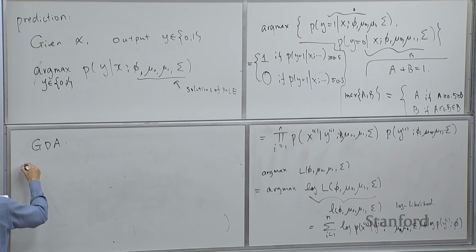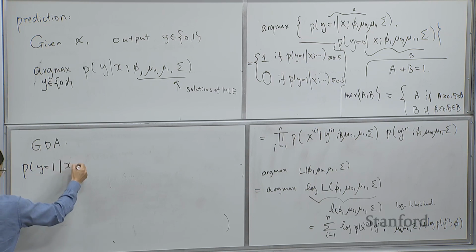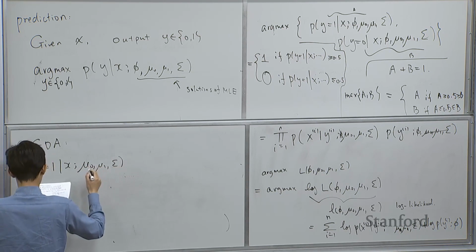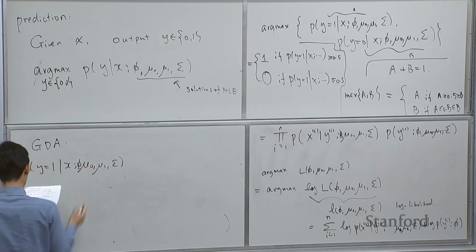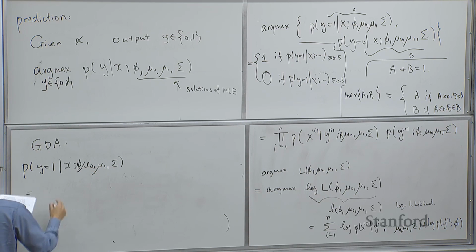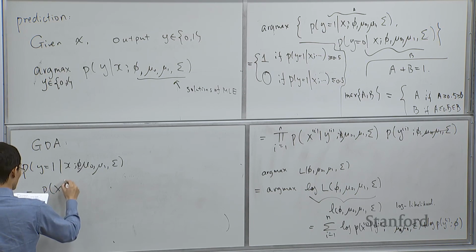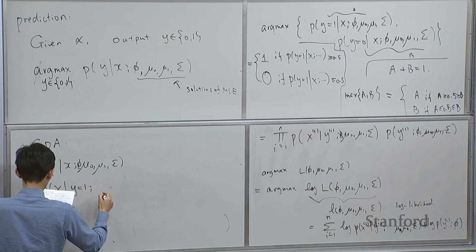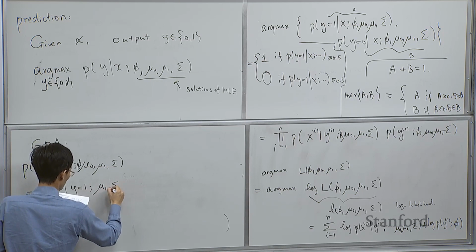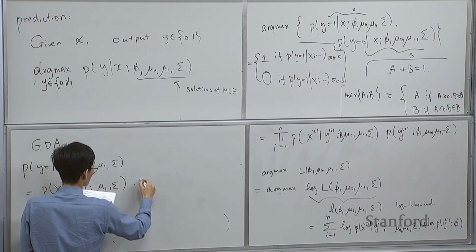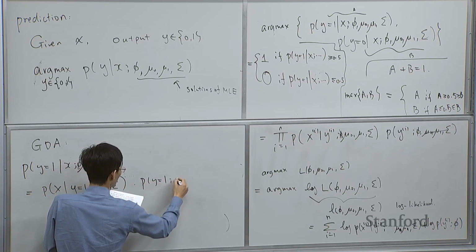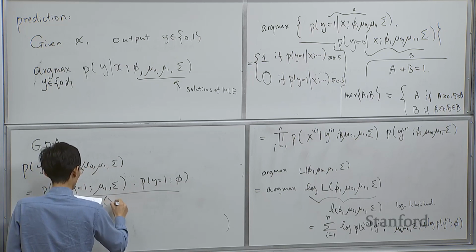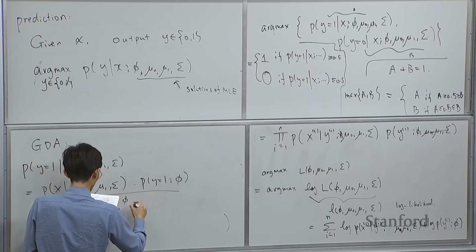For Gaussian discriminant analysis, you compute p of y equals 1 given x. This is the thing you really care about. You use Bayes' rule: this equals p of x given y is 1, which only depends on mu1 and sigma, times p of y is 1 given phi, divided by p of x, the probability of x.